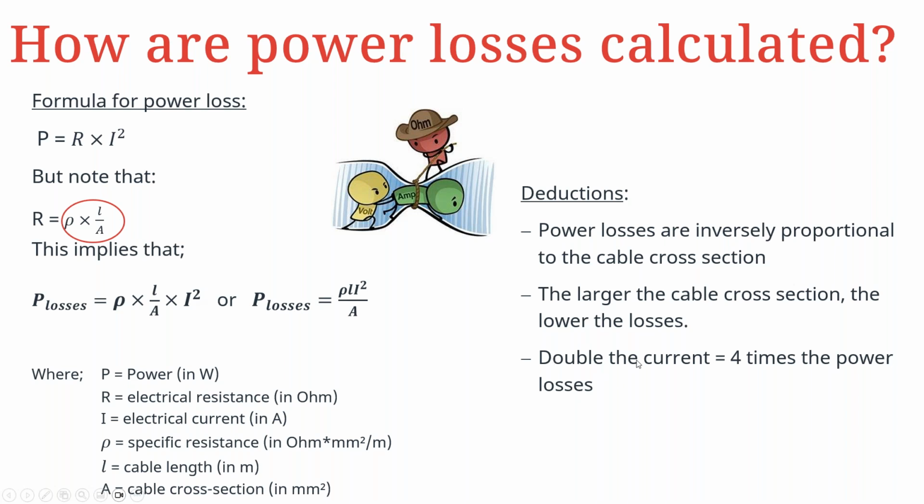Now, if we decide to double the current, so say I is equal to 2, then 2 times 2, or 2 squared, gives us 4, and 4 divided by 1 is 4. So that, of course, proves the deduction that we have made here. So it behoves the system design engineer to take note of these respective deductions, as it would help to design the most economical PV system.